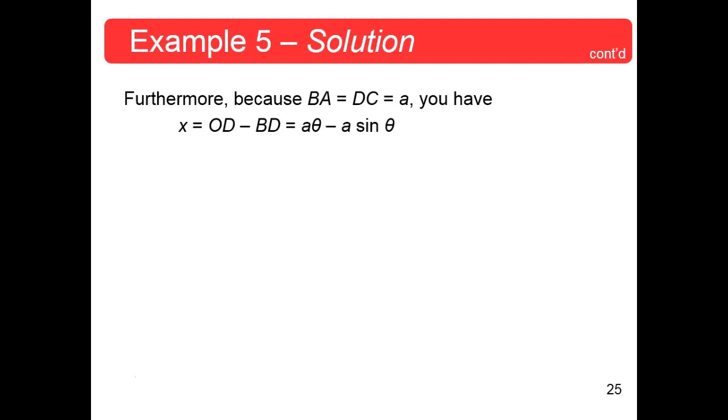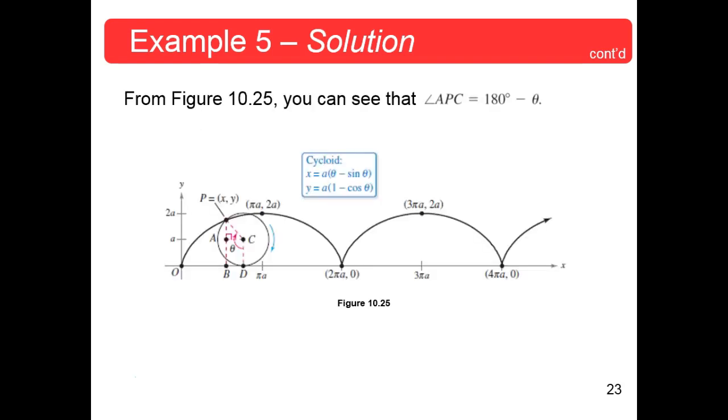You have X is equal to OD minus BD. Okay. X equal OD minus BD. Okay. Your X here is OD minus BD. That's your X value right here. OD minus BD. That's your X value. Okay? Now, BD is related to the sine of this angle up here.